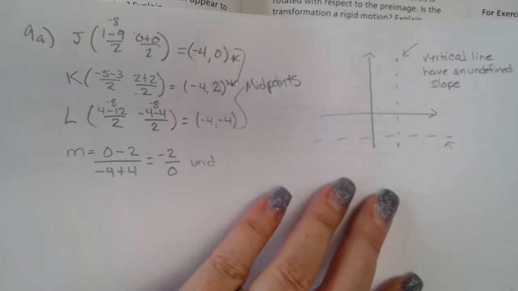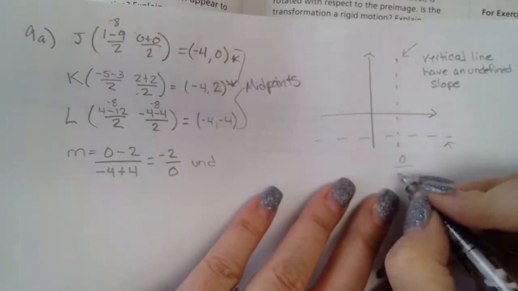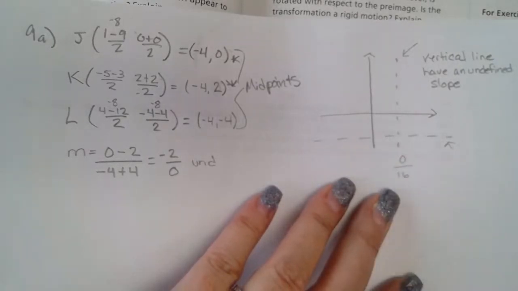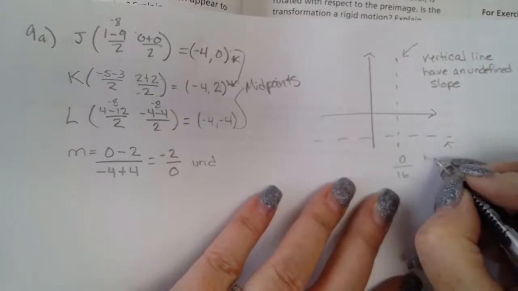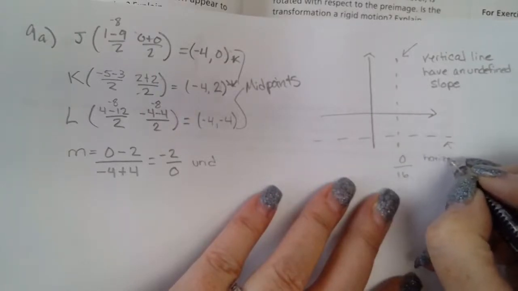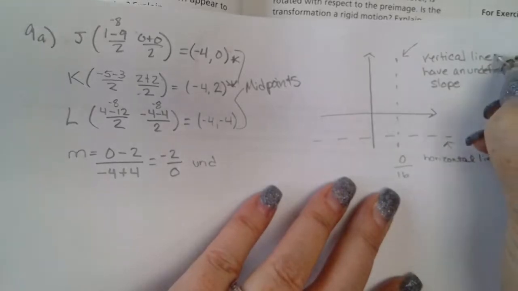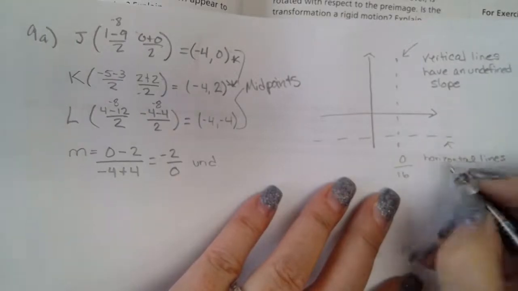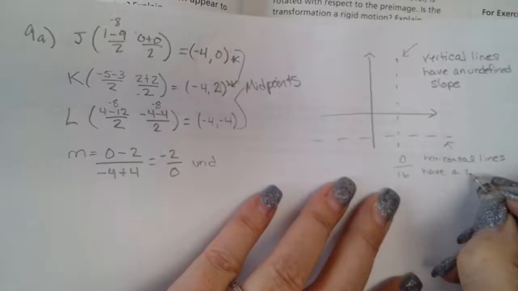So when I did this math, I would get 0 over 16. What's 0 over 16? 0. So all horizontal lines have a 0 slope. Every single one of them.